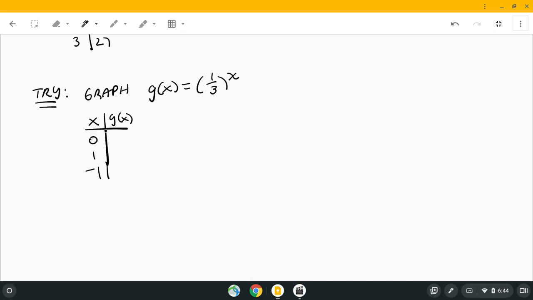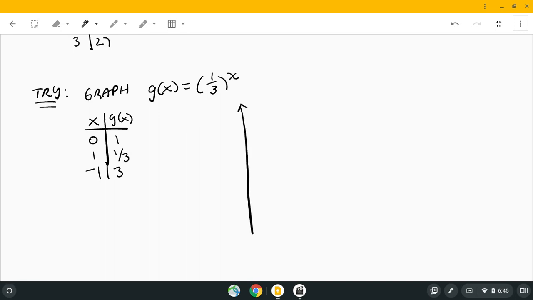So here, when x is 0, 1/3 to the 0 power is 1. When x is 1, 1/3 to the first power is 1/3. And when x is -1, I take the reciprocal, so it's going to be 3 over 1, which is the same as 3.